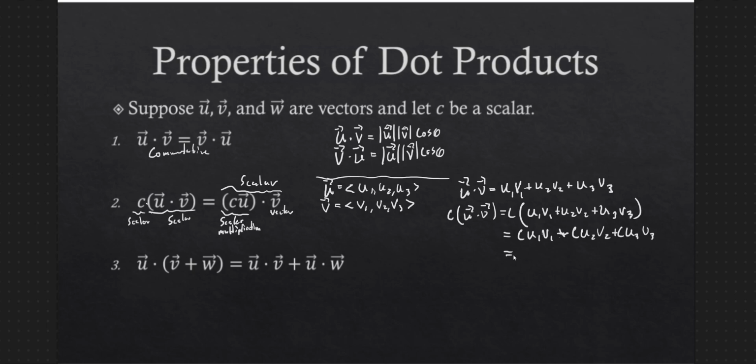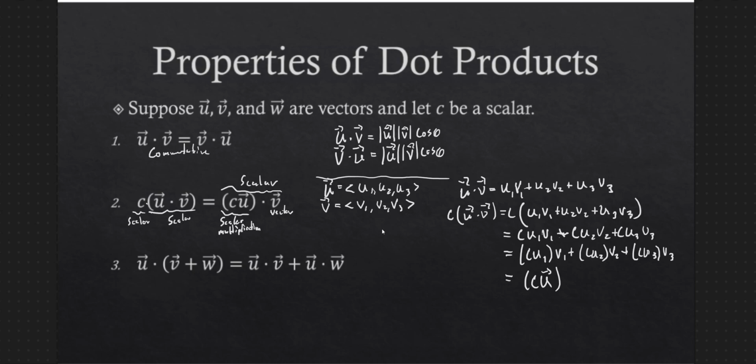And now I'm going to use associativity of real number multiplication. So this is c times u1, times v1, plus c times u2, so I'm just thinking of doing that operation first, plus c times u3, times v3. And that is the same then as if I scale u.